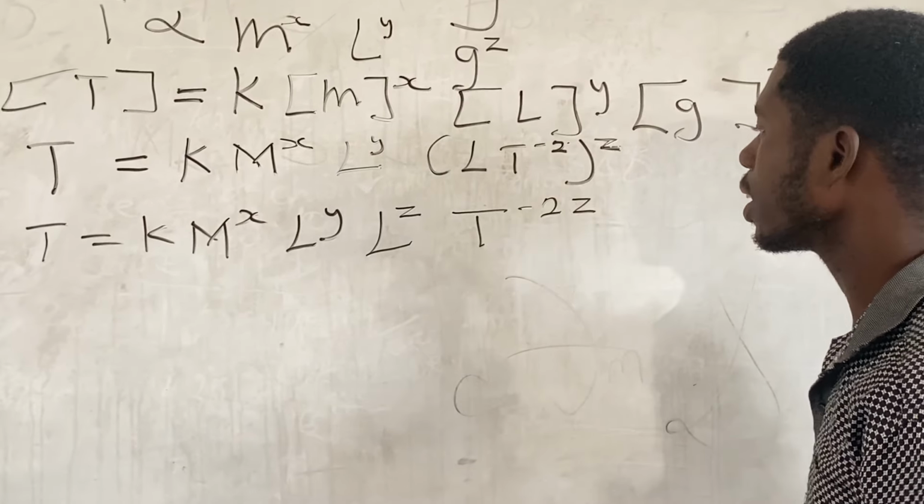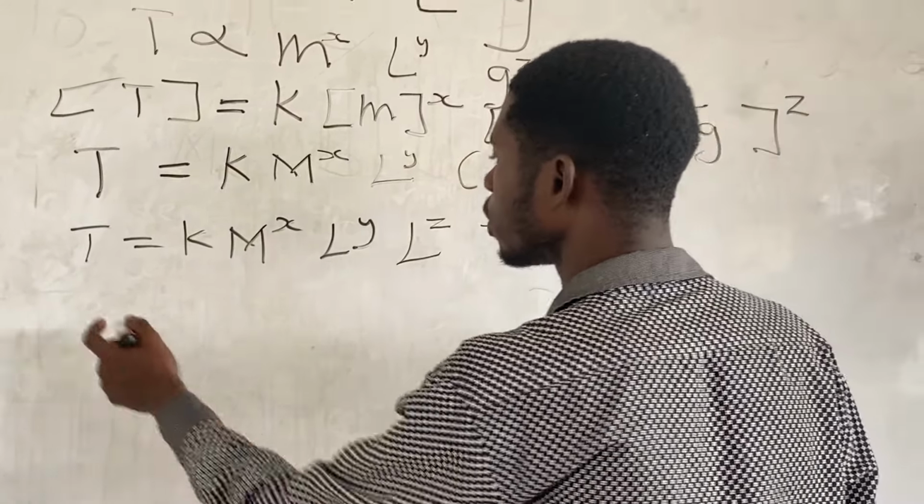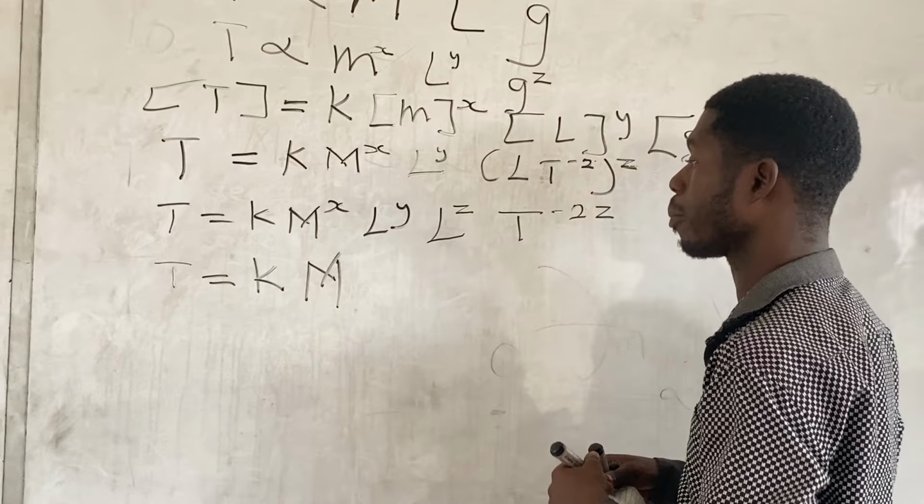Okay. So we continue. Repeat: T is equal to K. Then M. For the M, we have only one M in the equation.